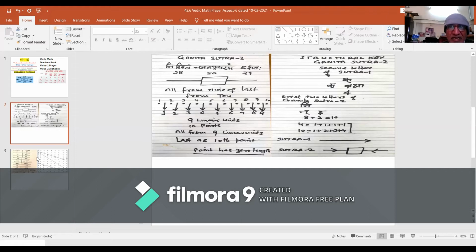These 9 steps coverage is going to be of 9 units of length. Therefore, we can say that the whole arrangement of the length is coverable in 9 steps. So all from 9.